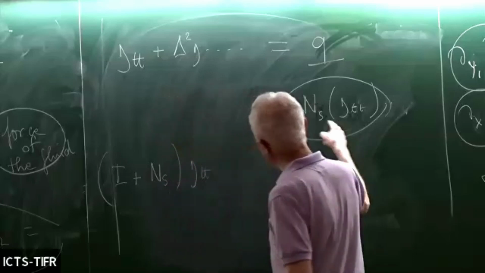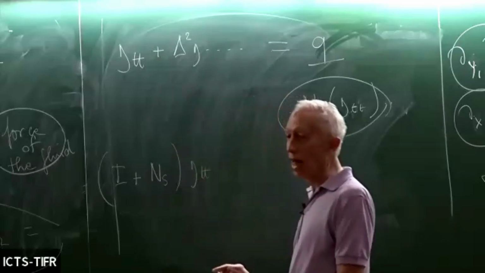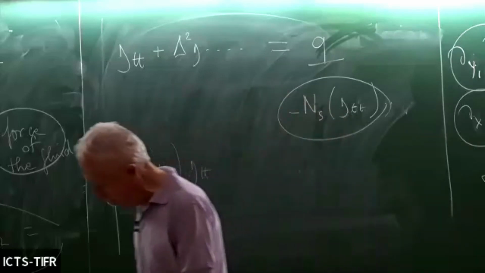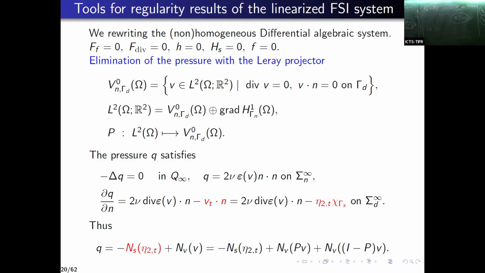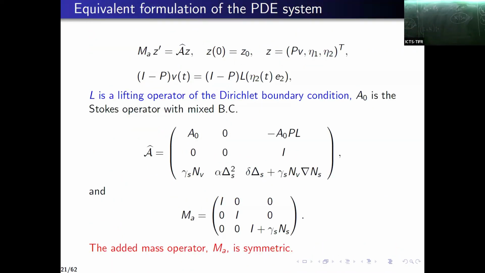So now putting this on the other side, I have something nice. And this is why I have this term here. I take gamma S, the trace of this quantity on gamma S. And so I have this operator and this matrix here.